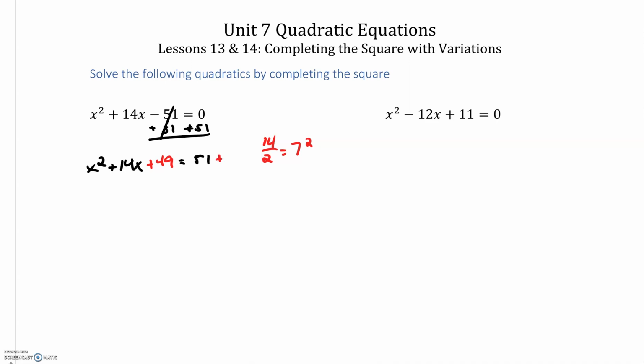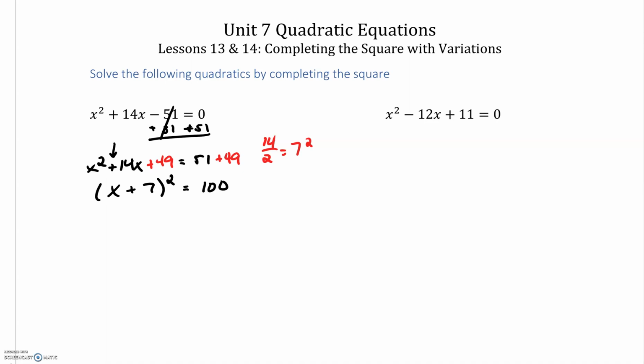So now I need to add 49 to the right as well. Now I can factor this. Remember, this will always factor to x plus or minus, and if this middle sign here is a plus, I know it's going to be a plus, and it's just half of whatever the b value was. So x plus 7 squared is equal to 51 plus 49, which is 100.